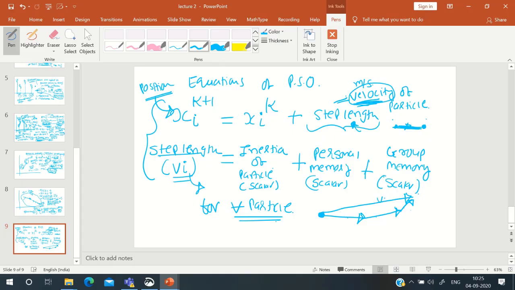This is V i for every particle, right? And this step length V i plus the old position, X i k, will give you this final position X i of k plus 1. So this is the graphical representation, right?